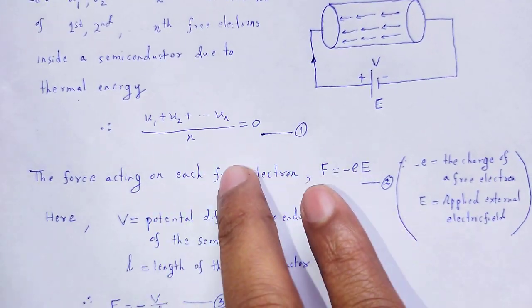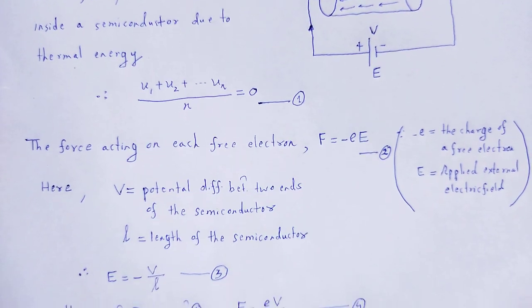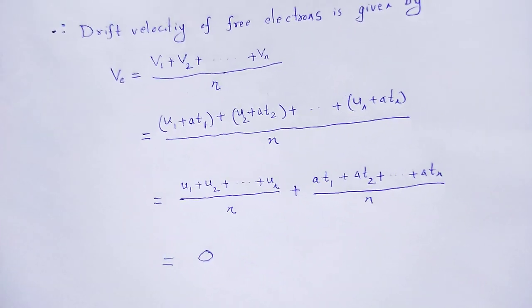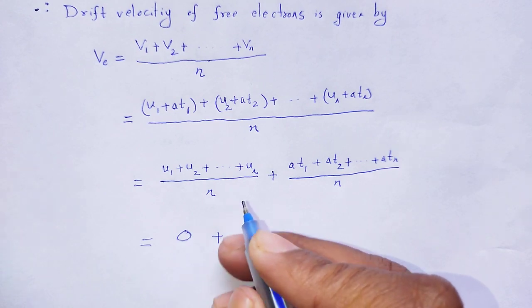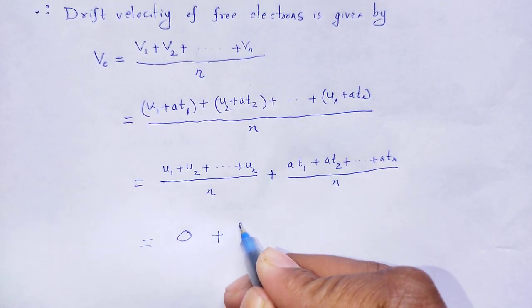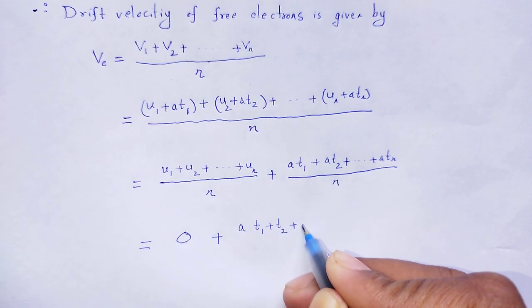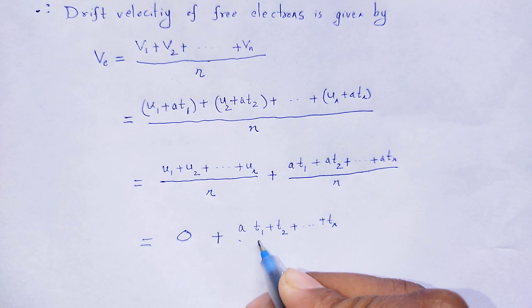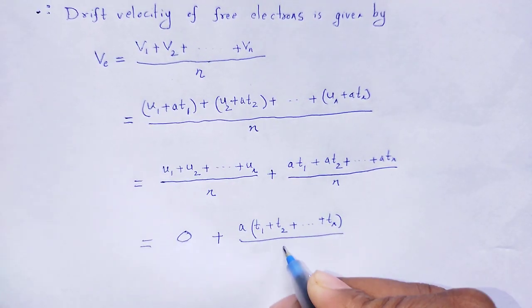Initially the average velocity is 0 due to thermal energy, that velocity due to thermal energy, plus we take a as common, (t1 + t2 up to tn) whole divided by n.